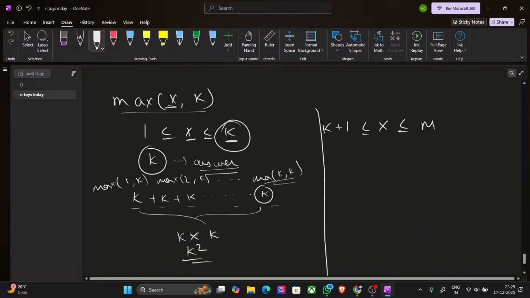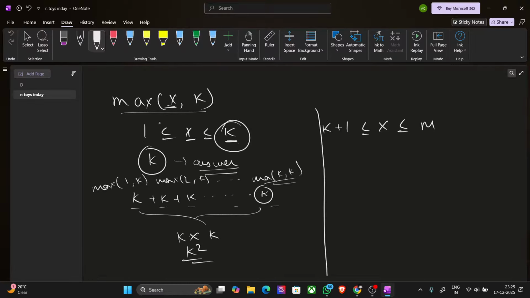Now you can see that when x is between 1 and k, the answer will always be k. The maximum of 1 comma k is k, 2 comma k is k, and up to k comma k is k. So k plus k plus k plus k, the answer will be k into k, which is k square. Now if x is between k plus 1 and m, x will always come as the answer.